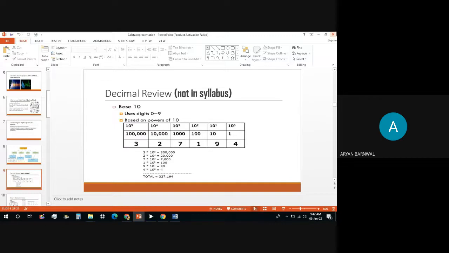Can you send the link for Aryan Barnwal? Should I send it in the group, here? I haven't joined the group yet. Here also it's fine, ma'am. Okay, I am sending it here. Okay, ma'am. Any other doubt?